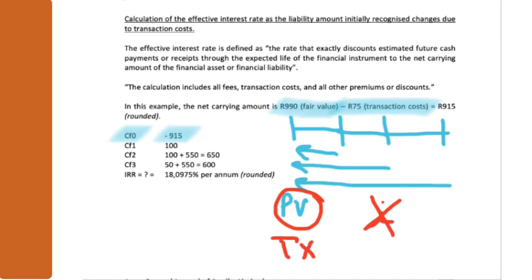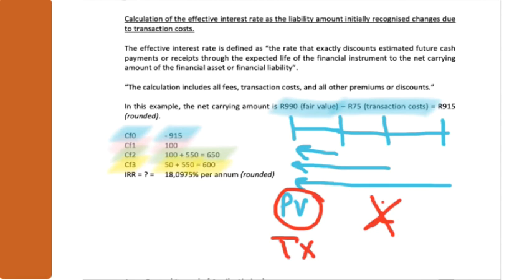Your other cash flows have not changed. They stay the same. Cash flow 1 is the interest of 100 Rand. Cash flow 2 is the interest of 100 and the first maturity payment of 550. Cash flow 3 is the interest of 50. It's different because part of the nominal value has matured, plus the second maturity payment is 600.